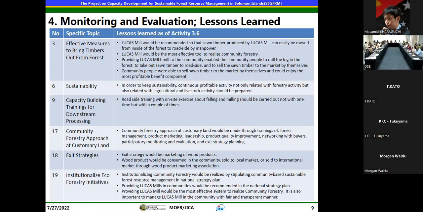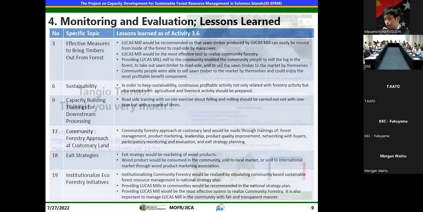Providing Lucas mill would be the most effective system to realize community forestry. It is also important to manage Lucas mill in the community in a fair and transparent manner. This is very important as well. In order for owners to maximize benefit, things must be done transparently.